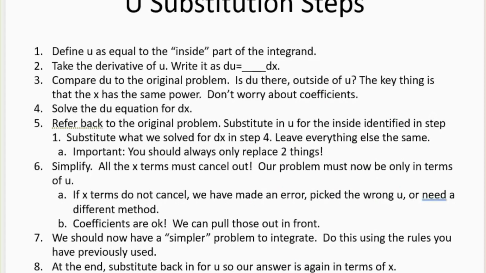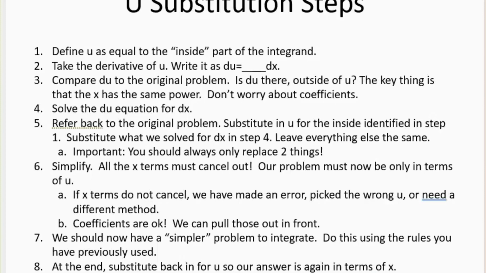Then we take the derivative of u, and we're going to write it as du equals something in relation to dx. Here is where we have to do a little bit of checking. We have to make sure that in our original problem, we have at least the x term that was part of our du. We're going to want things to cancel out. We're not going to worry necessarily about the coefficients.